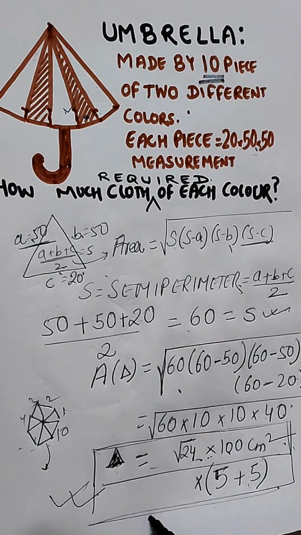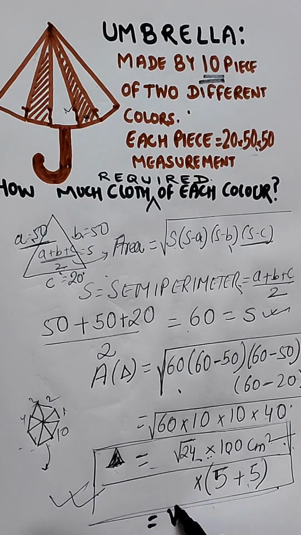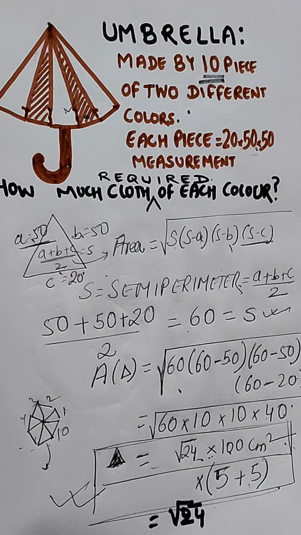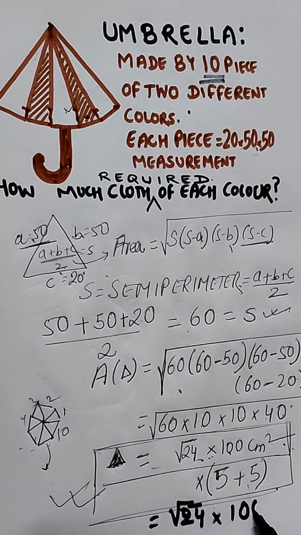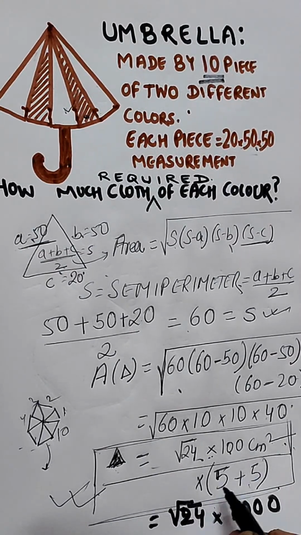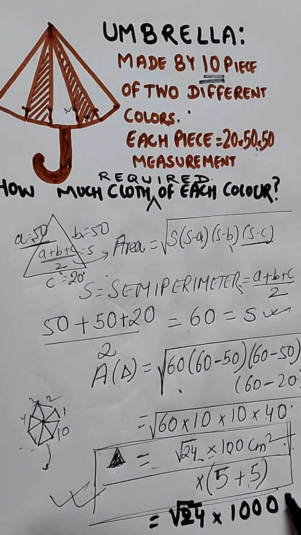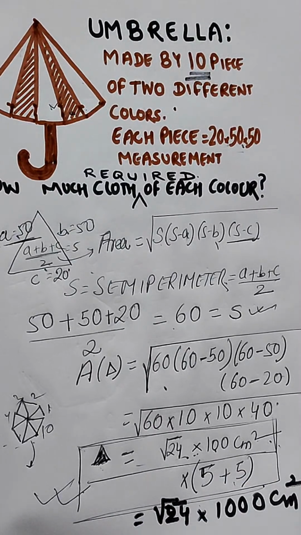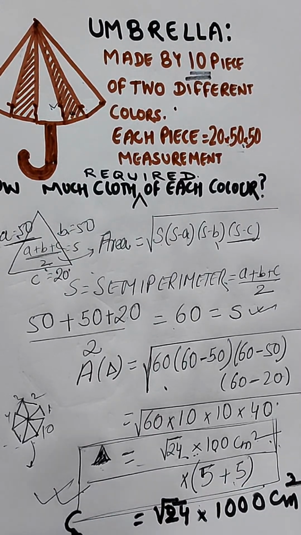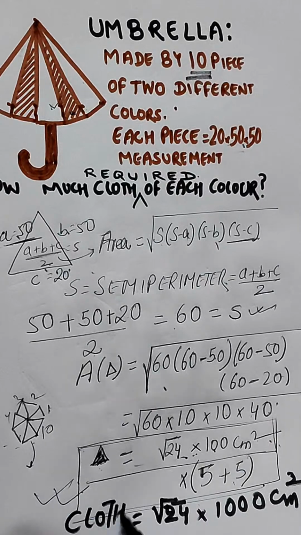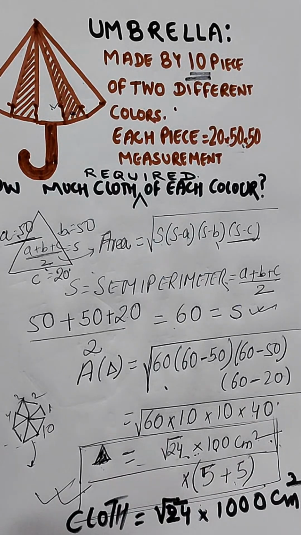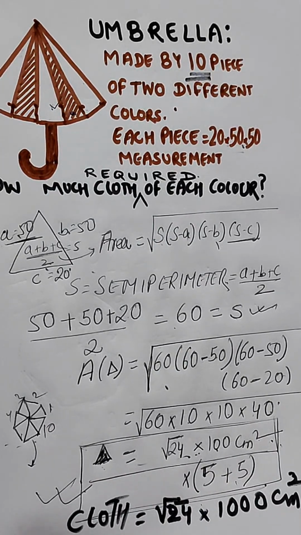So this will give you root 24 into 1000, because 5 plus 5 is 10, 10 into 100, 1000 centimeter square. This much area of cloth will be required, right? So I hope you understood this question correctly.